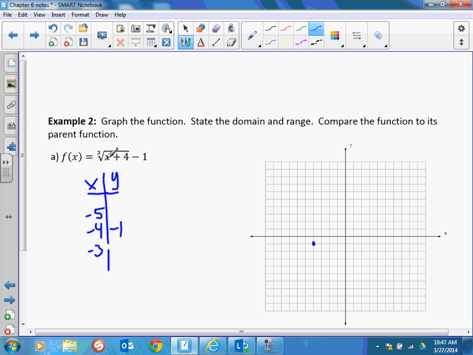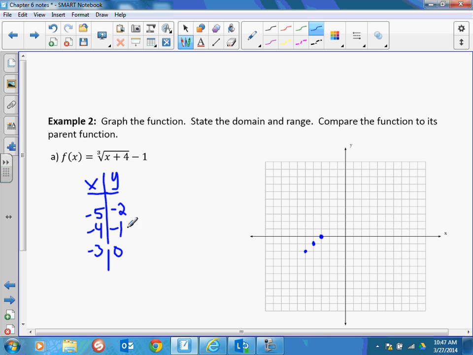So -3 plus 4 is 1. Cube root of 1 is 1. 1 minus 1 is 0. Okay. And then -5 plus 4 is -1. Cube root of -1 is -1. And -1 minus 1 is -2. Okay. So that will surround those points. So I have -3, 0. And -5, -2. And then I have 3, 0.